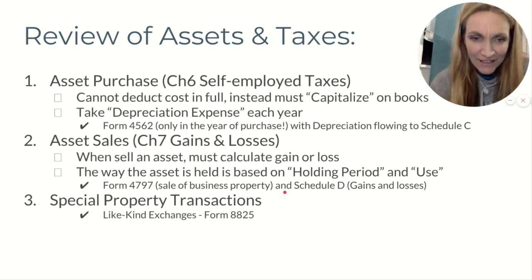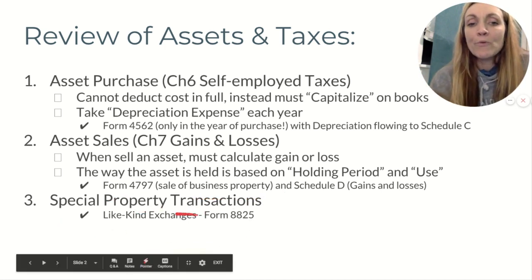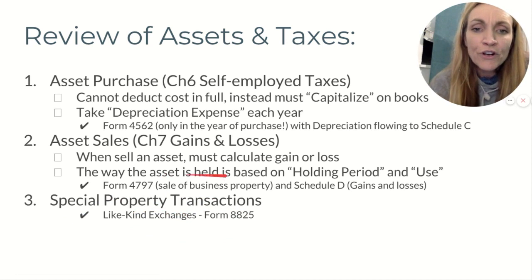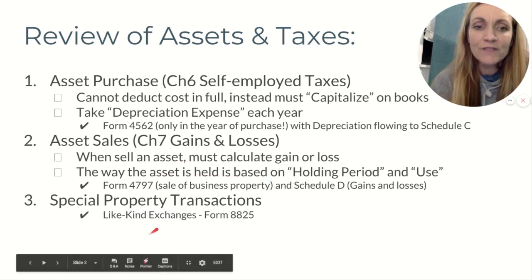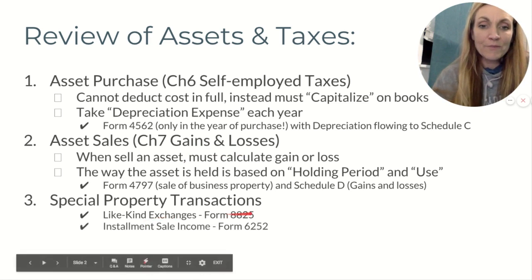Especially now with some changes, it will be primarily real estate investment. But what it allows you to do is defer that gain that may have resulted up here. It allows us to defer it by getting another similar property. And that's reported on Form 8825.